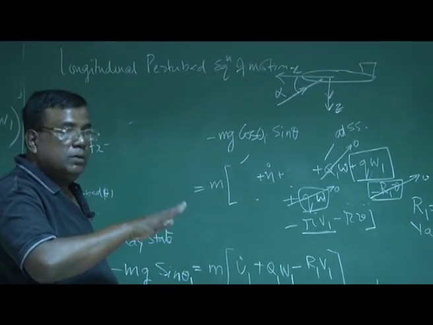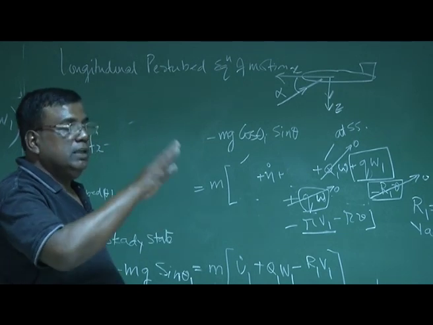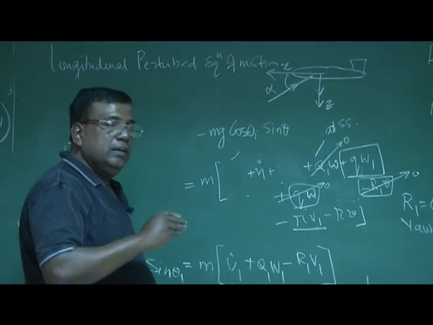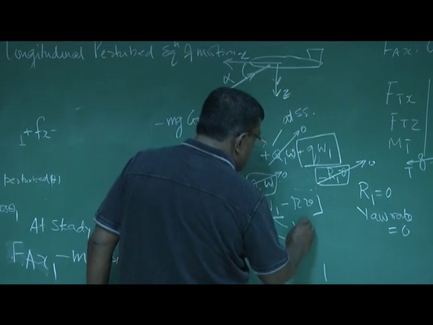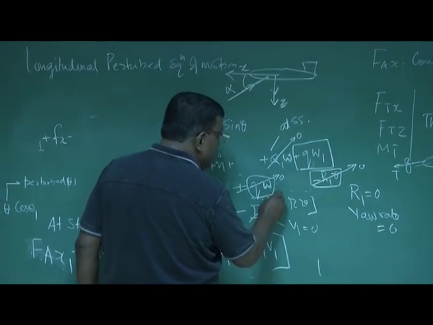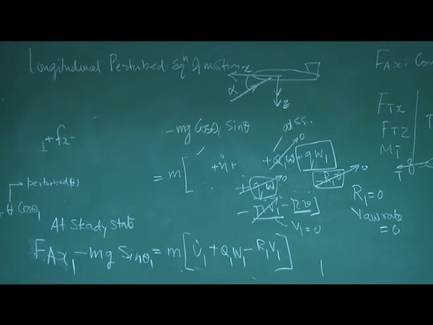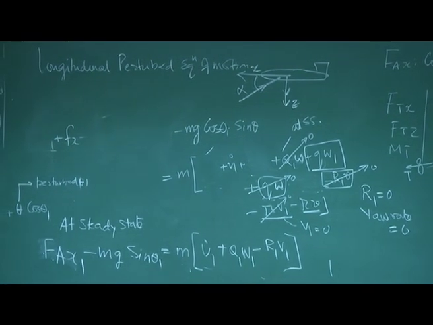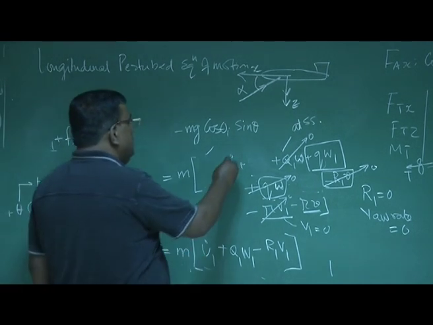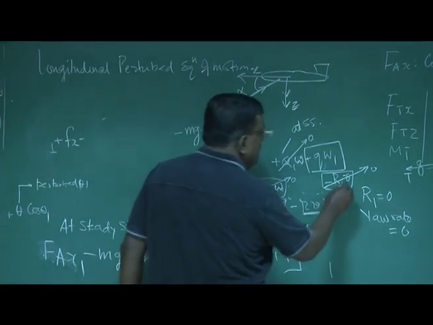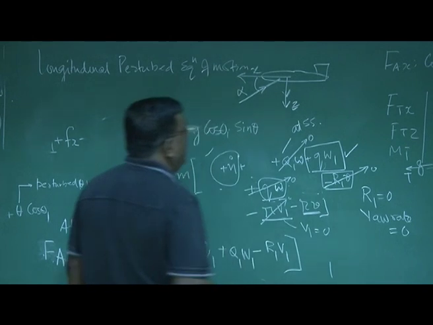But we are talking about cruise and motion in the vertical plane, so naturally there is no v1. So v1 is 0, and this also goes. And r into v is again the product of two small quantities, so it also vanishes. So what are the terms left? One is u dot, another is q w1.